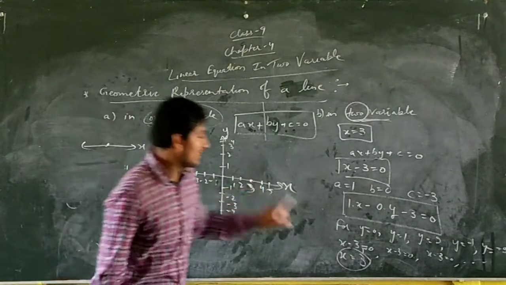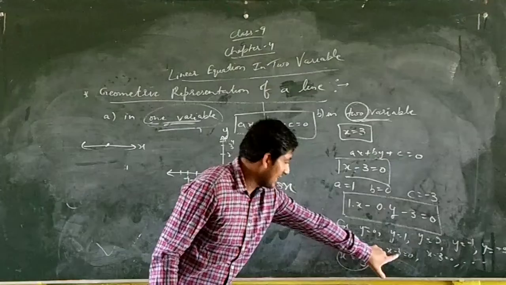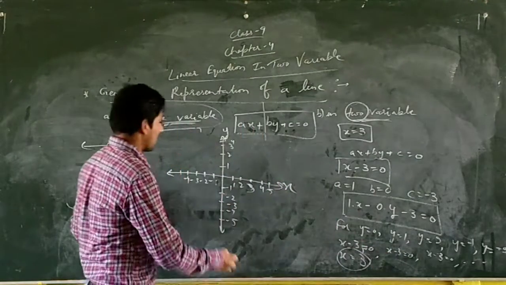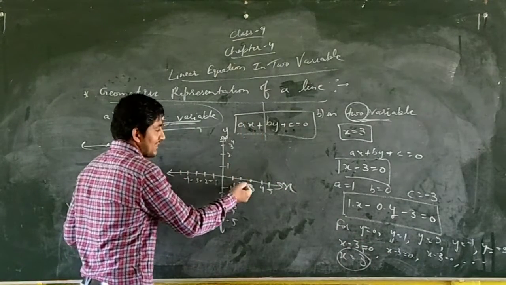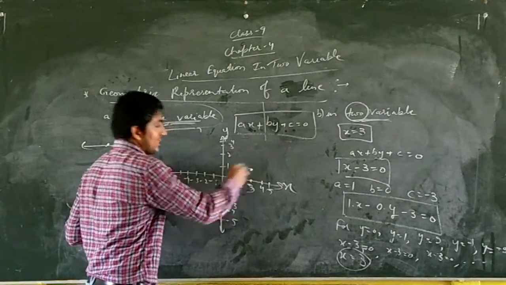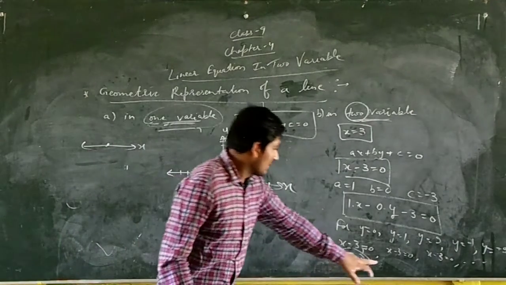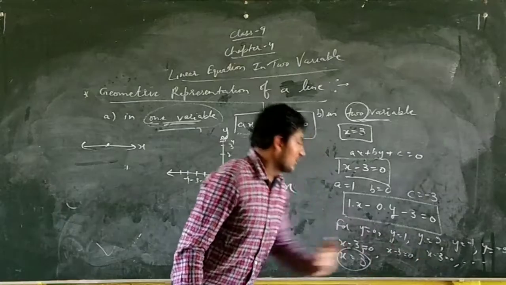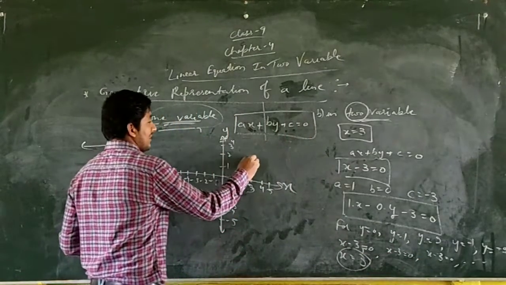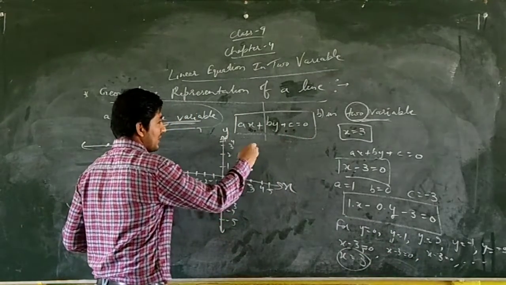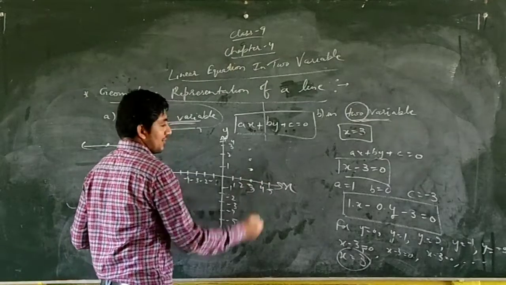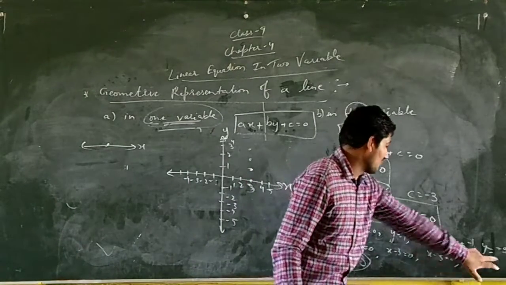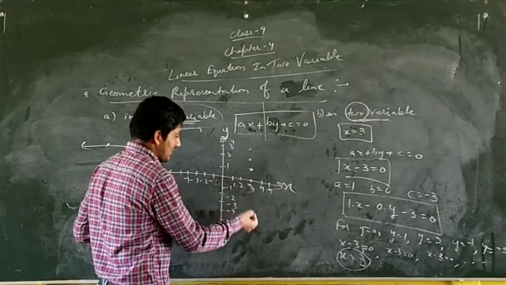This is the first point. For y is equal to 1, x is again 3. This point. For y is equal to 2, x is equal to 3. This point. If we replace negative values of y, we will again get x is equal to 3.